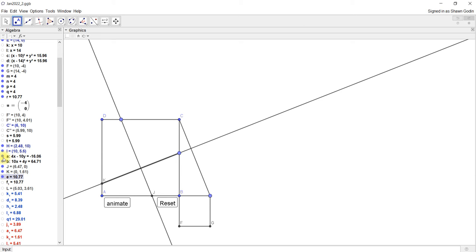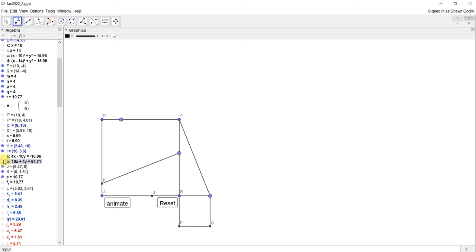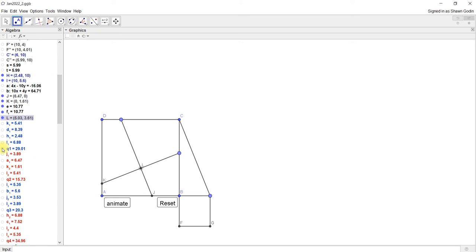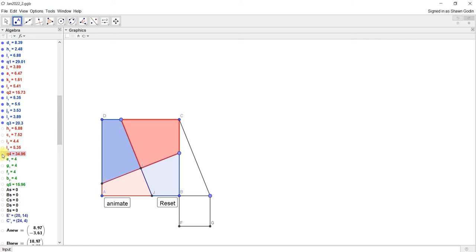I can hide these once I get those points, construct in my cuts, and find this point of intersection. That's going to be important so that I can construct my pieces using the polygon tool. So there's one polygon, there's the other, the third and the fourth, and then I can construct the polygon for this guy down here.